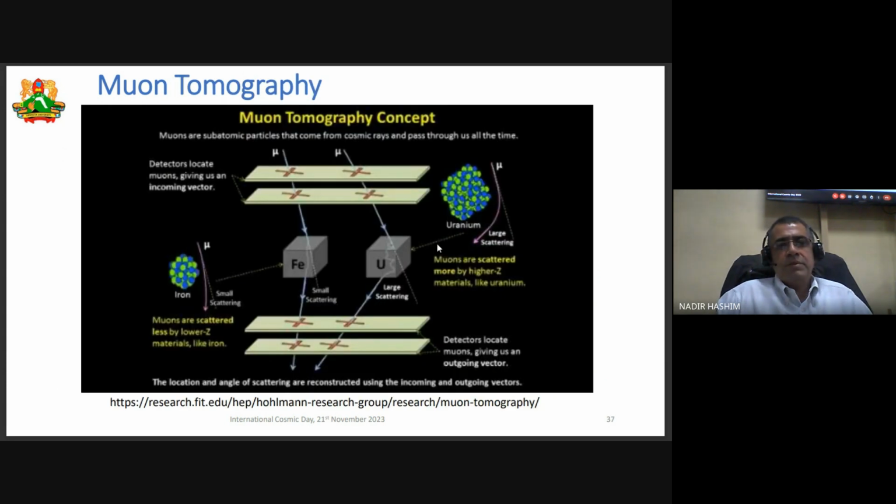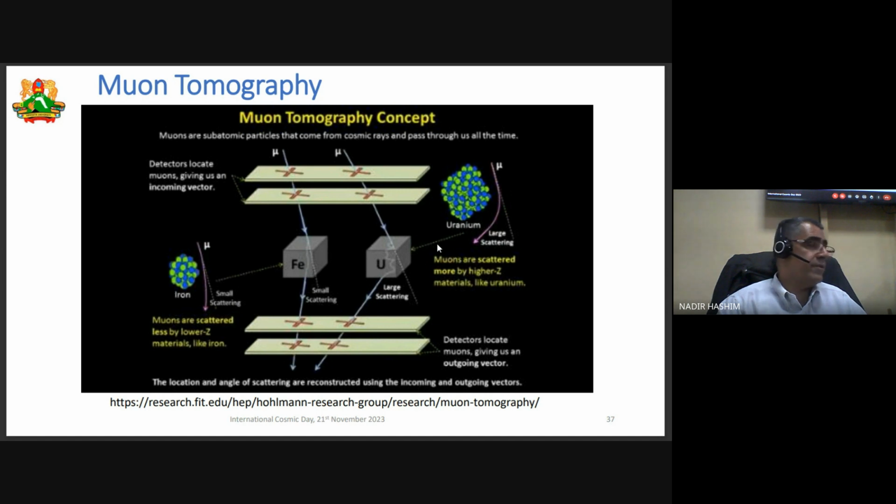Muon tomography is basically based on the scattering of muons. The heavier the target material, the higher the Z of the target, the more the muons are scattered. This forms the basis of muon tomography. So we make use of muons and how they are scattered, and you can distinguish the chemical composition of your absorber.